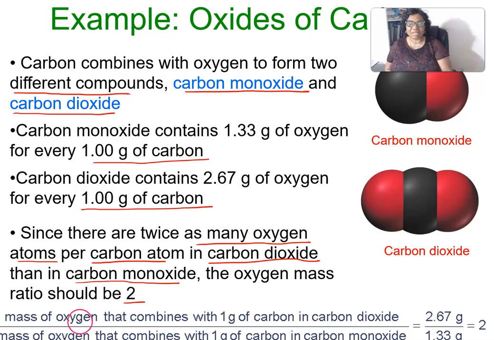The mass of oxygen that combines with 1 gram of carbon in carbon dioxide over the mass of oxygen that combines with 1 gram of carbon in carbon monoxide is 2. Small whole number ratios. Let's try this example.